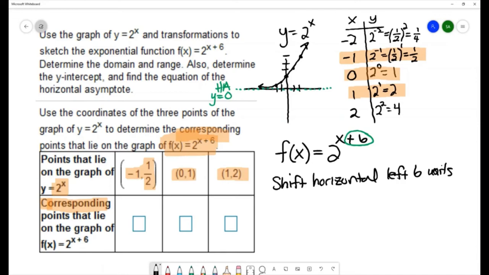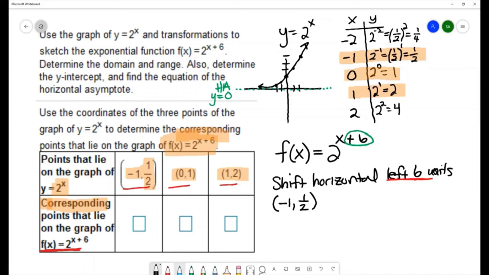So if we take the ordered pairs here and shift those ordered pairs left 6 units, we'll arrive at the ordered pairs that are on our graph f of x equals 2 to the x plus 6. So let's take these points one at a time. The ordered pair -1 and 1/2, if I want to shift it left, you may have a hard time thinking of this in your head.